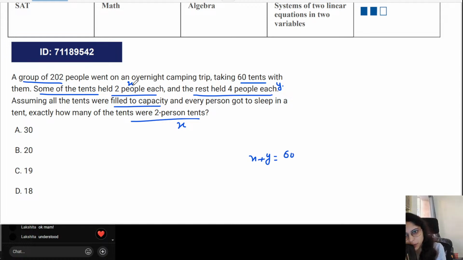Number of people you'll have to multiply. You'll have to multiply X with 2 because there are 2 people in one tent, so 2X people in total.